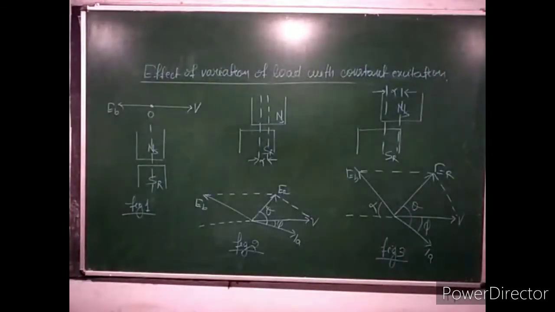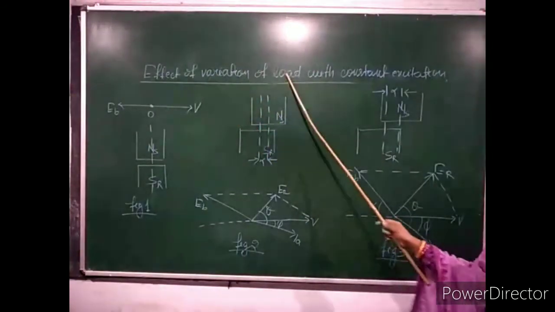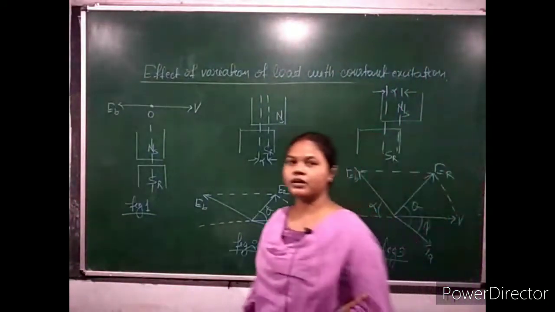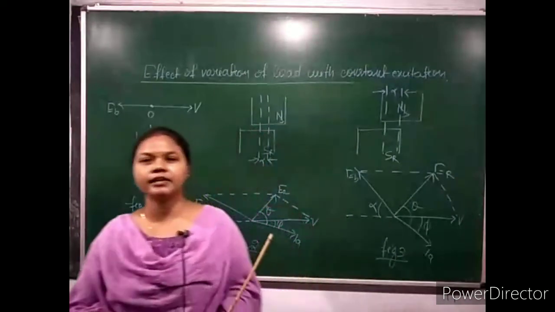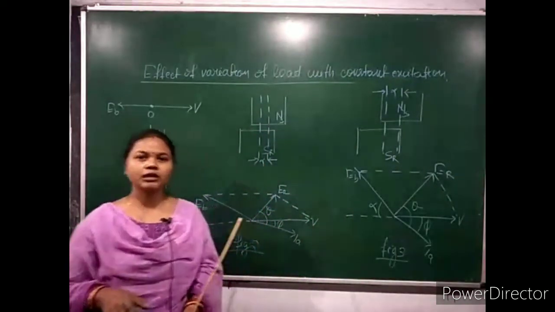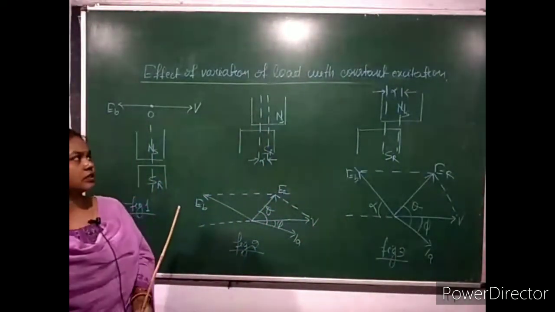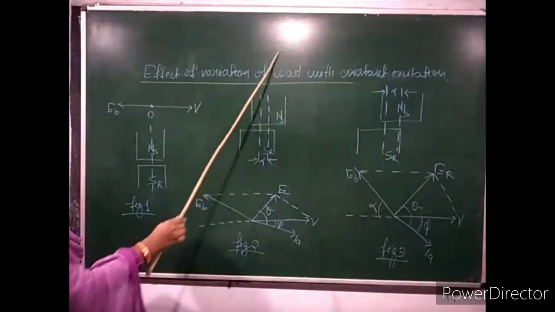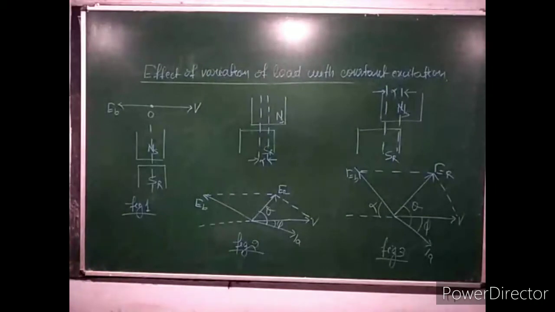Next we see what is the effect of variation of load with constant excitation. It means if the field is excited by a constant voltage, and we increase the mechanical load, which parameter is affected by the variation of load with constant excitation?